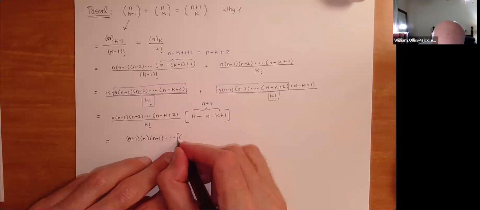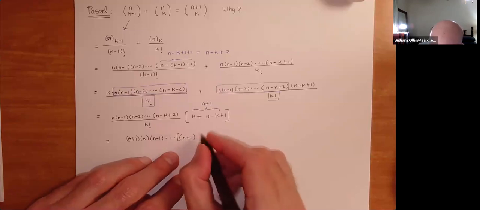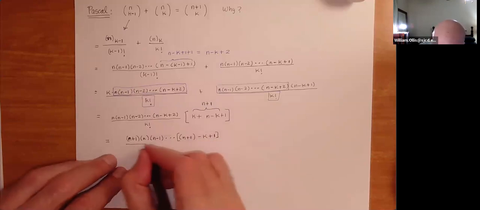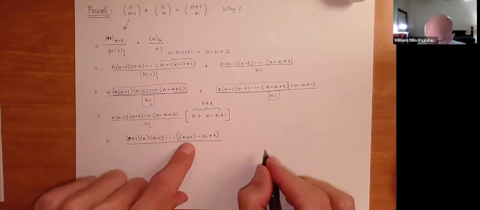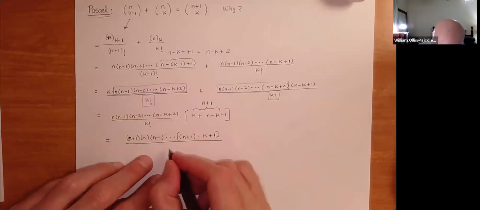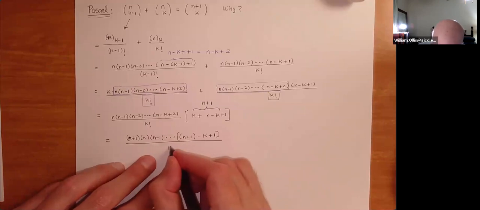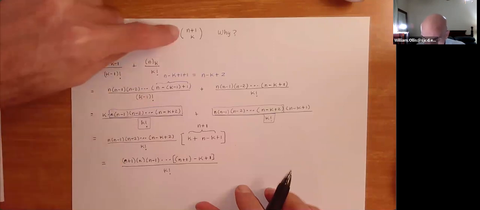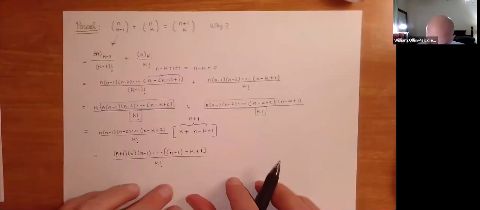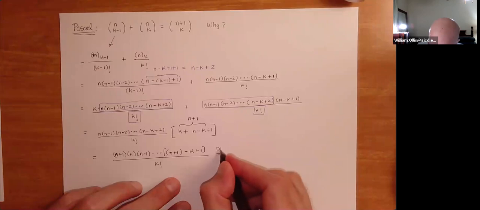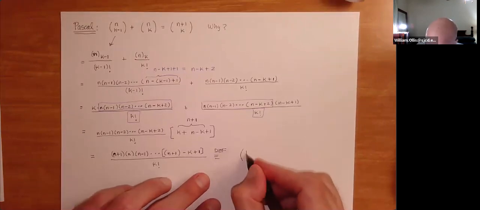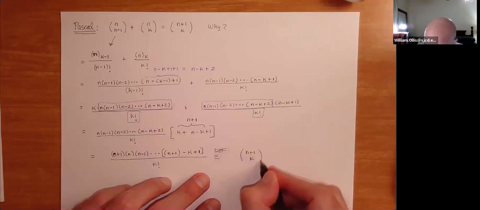So this will be n plus 1 minus k plus 1, which fits the standard definition of the first number, the second number, plus the 1. And downstairs, we have k factorial. So now this is exactly n plus 1 choose k by definition.